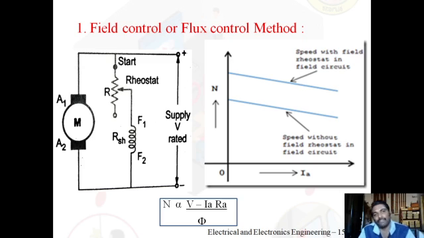According to the principle of DC motor, whenever a current carrying conductor is placed in a magnetic field, it experiences a force. So each and every conductor placed in the armature slots experiences a force.